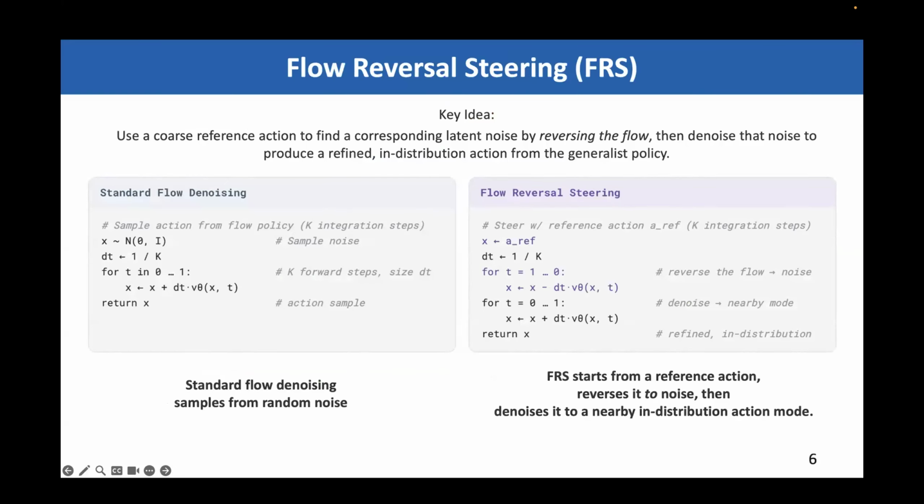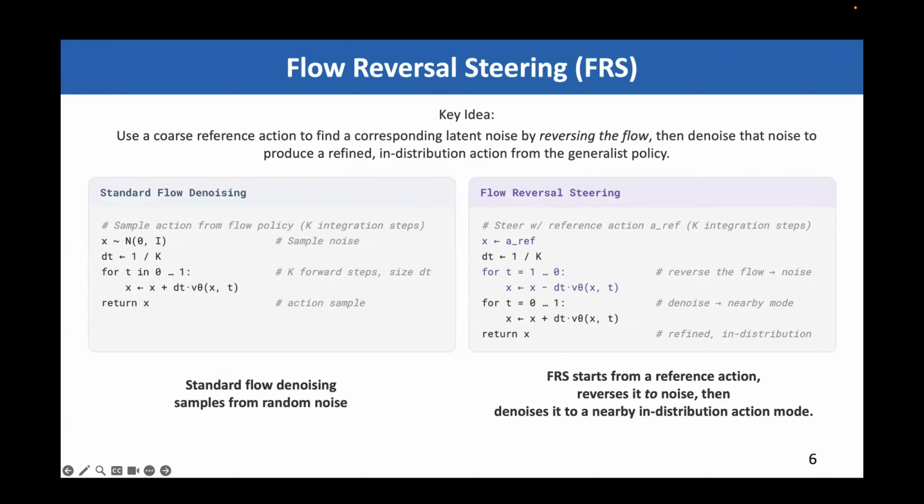So as mentioned, the key idea is to use a coarse or a rough reference action to then find a corresponding latent noise by reversing the flow. And then once you find that noise, you then denoise it to produce a refined in-distribution action from the generalist policy.